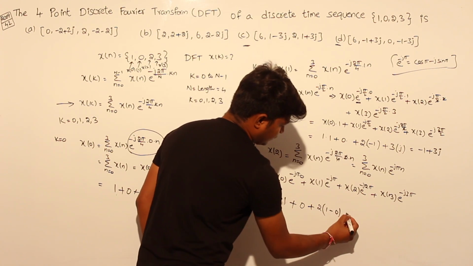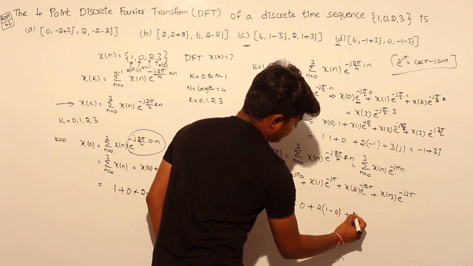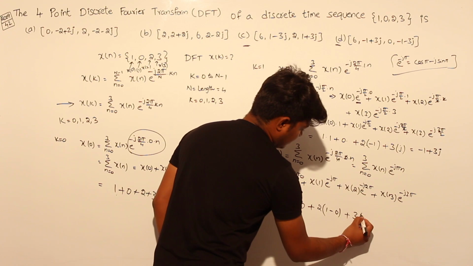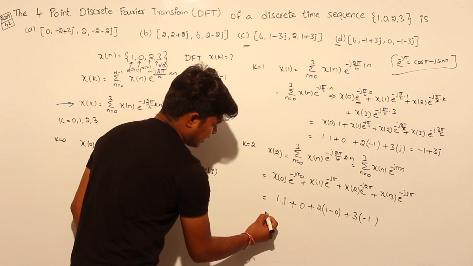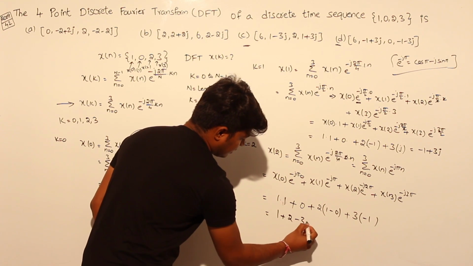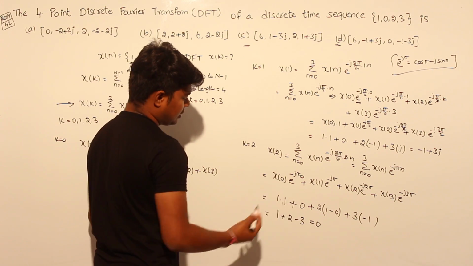Now plus x of 3 value is 3 into e power minus j 3 pi, this will be equal to minus 1. Now you will get 1 plus 2 minus 3, that will be equal to 0. So the value of x of 2 is 0.